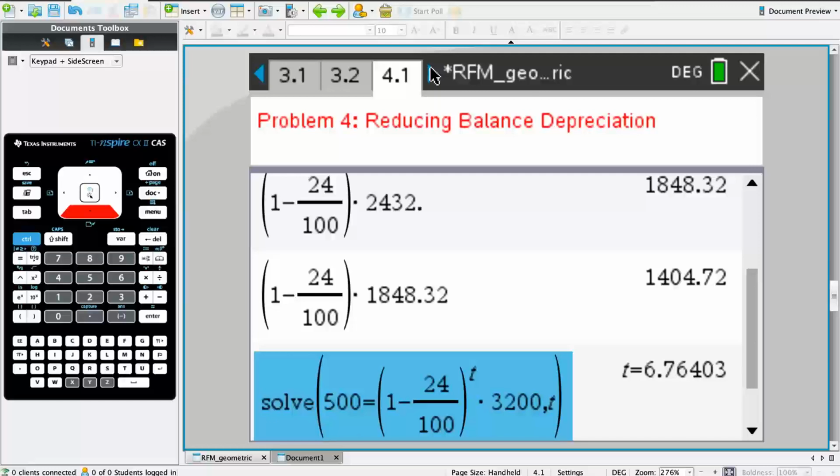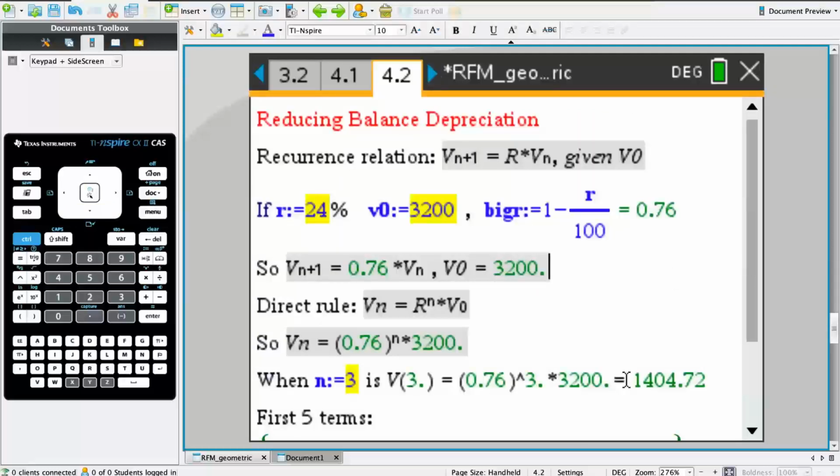Okay, so similarly, reducing balance depreciation has its own template. If you know the annual rate by which it depreciates from its previous value each year, and you know the starting value, you can work out the big R value, the multiplier, and you'll notice now the multiplier is less than 1.